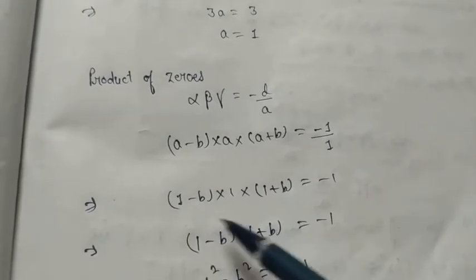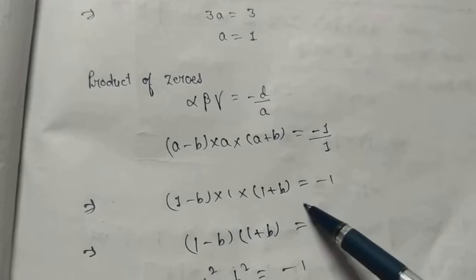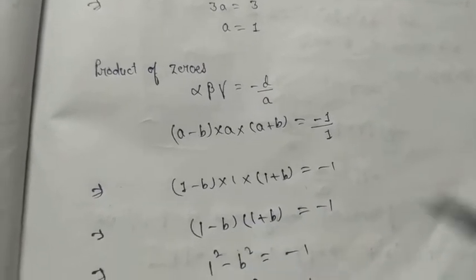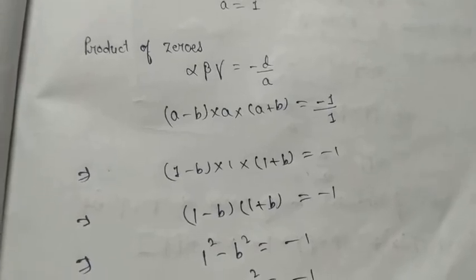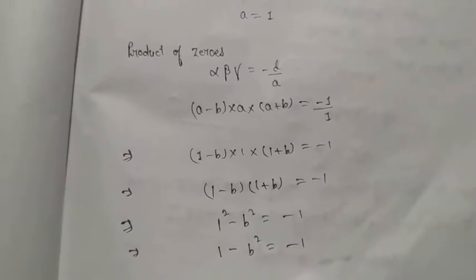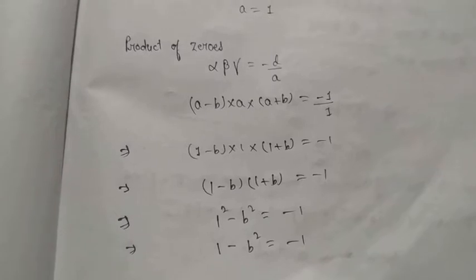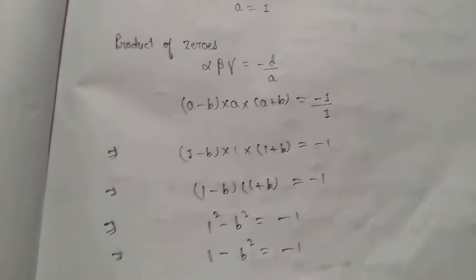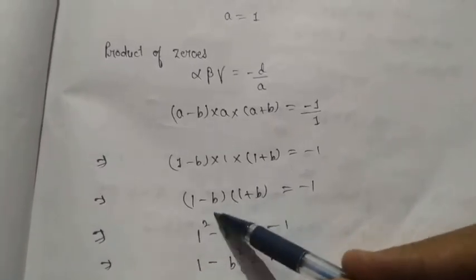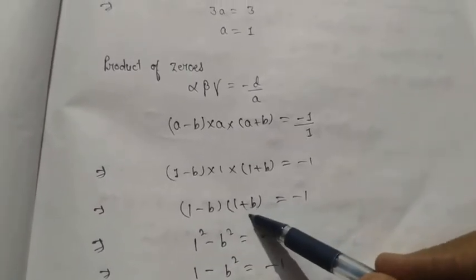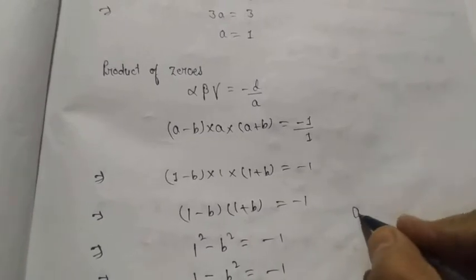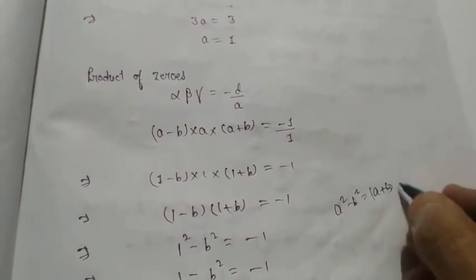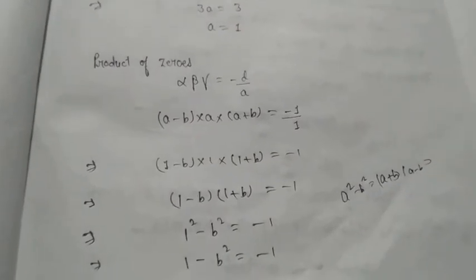Now 1 minus b into 1 plus b into 1. So that will be 1 minus b into 1 plus b, which is equal to minus 1. Okay children, so 1 minus b into 1 plus b equal to minus 1. Now see students, this is one formula, a minus b and a plus b type, which is known as a square minus b square is equal to a plus b times a minus b.